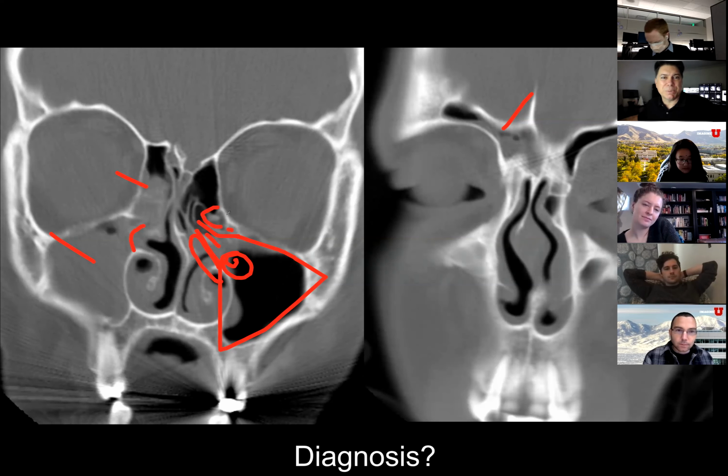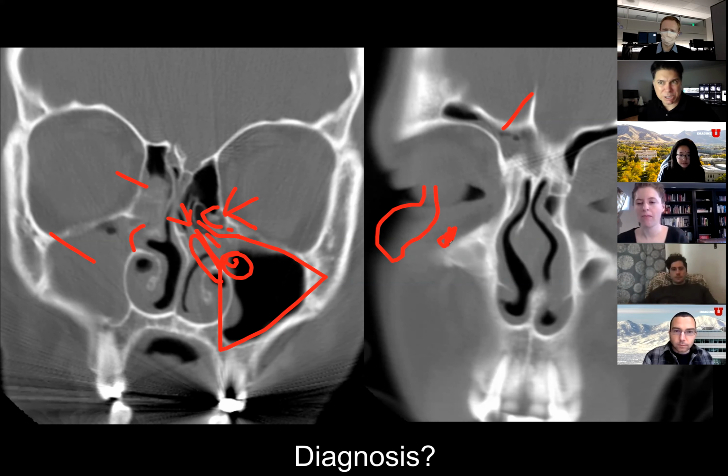The ethmoidal bulla is the bump above the infundibulum, and then it drains into the hiatus semilunaris, and then the space under the middle turbinate, called the middle meatus. All of those structures make up the osteomeatal unit or osteomeatal complex, the OMU or OMC. That is important for functional drainage.